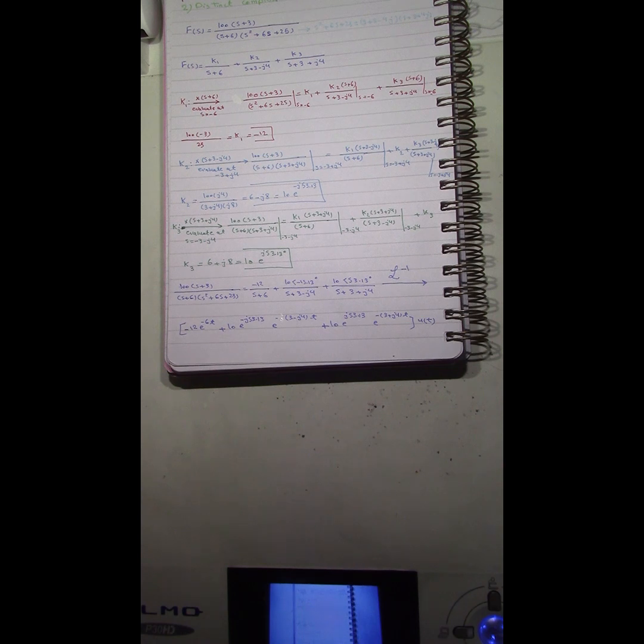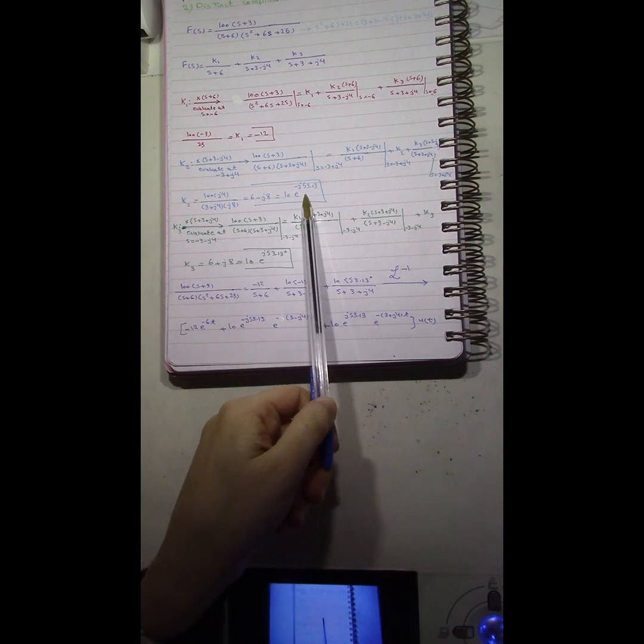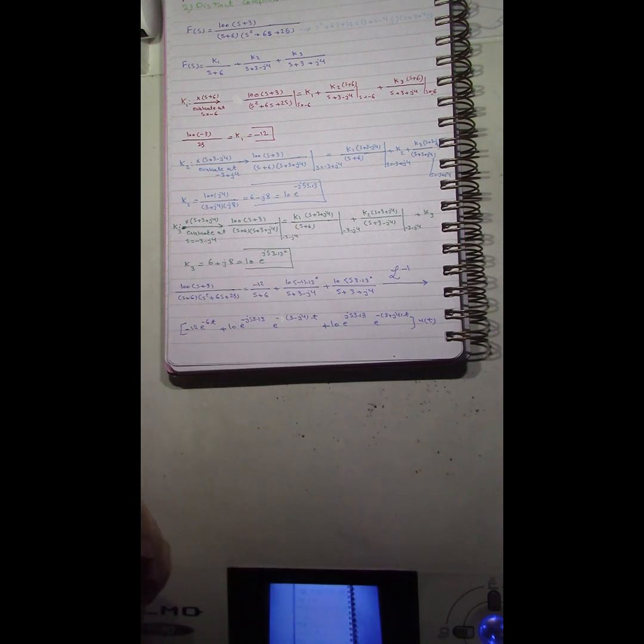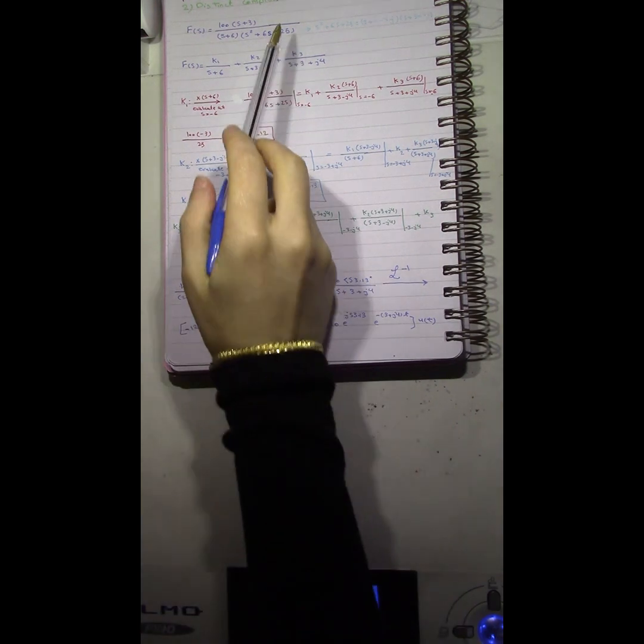Yes. How did you go from the s squared plus 6s plus 25 to s plus 3 minus j4? This? No, it's the very first line, when you changed the s squared plus 6s plus 25 to the s plus 3 minus j4. Okay, from here?